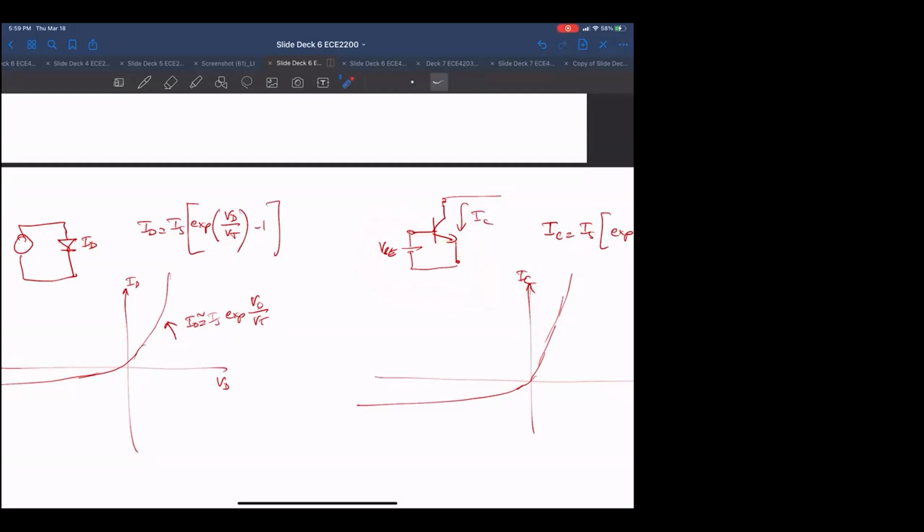So basically I've separated my input from my output, and that's a critical thing with a transistor. It's a 3-terminal device. I can independently inject an input voltage here and modify the output here.